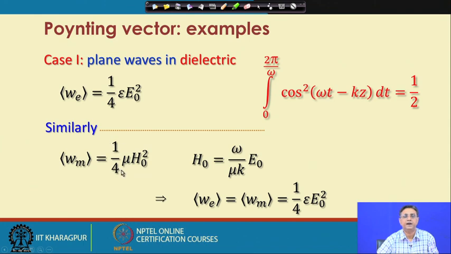This we could arrive at using the relation H 0 equal to k by omega mu into E 0. So, if you substitute this, we can see that the average energy density associated with the electric field and that associated with the magnetic field over a complete cycle will be the same, that is 1 upon 4 epsilon E naught square.